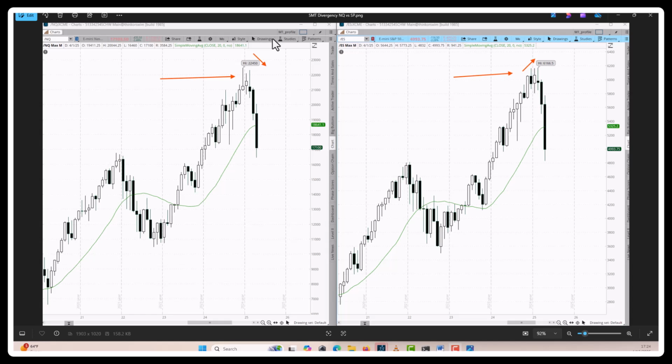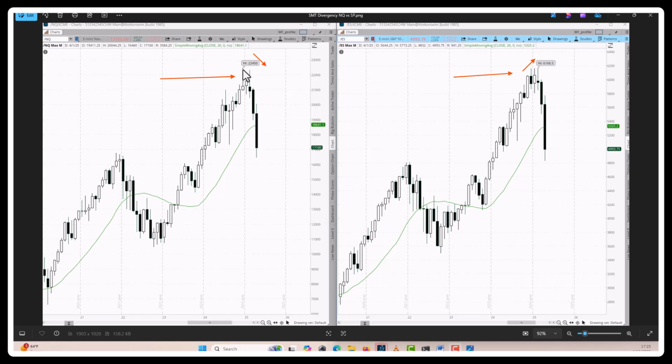Very interesting. I think it's the concept that ICT says about smart money technique or smart money divergence. In this screenshot or chart, we compare the NQ, which is the NASDAQ, and the S&P, and we can see there is divergence. That signals that the sell-off starts in Q2.